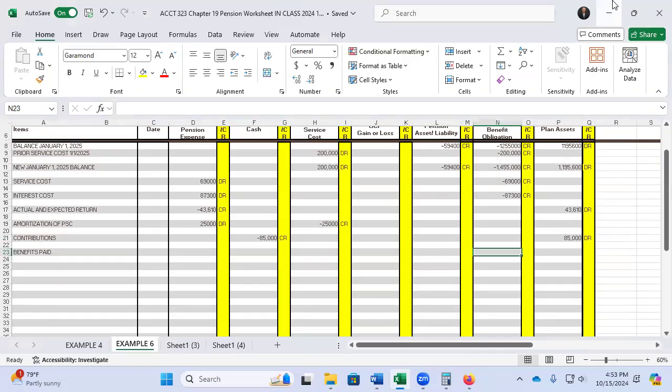And so this reduces our benefit obligation, 52,000. And it reduces our assets that we have available to pay benefits. And so that's all of our transactions as we go down the list. We check off everything. We don't have anything missing on the table there.